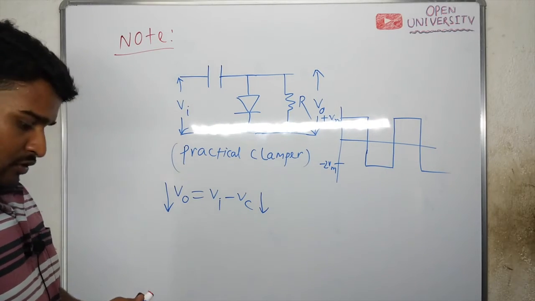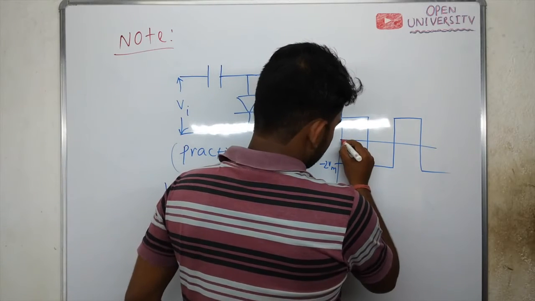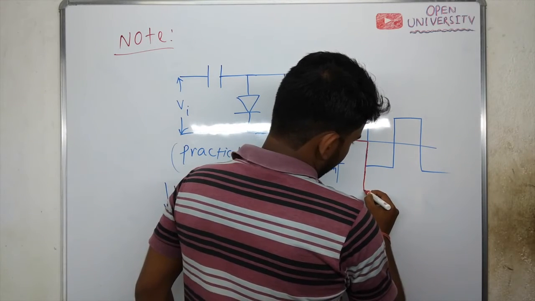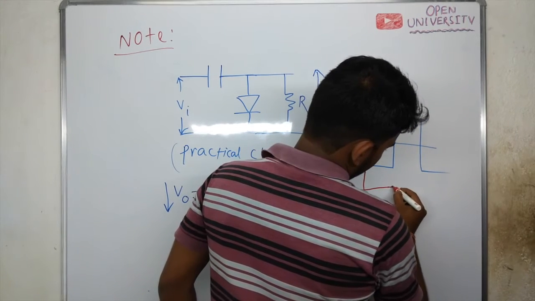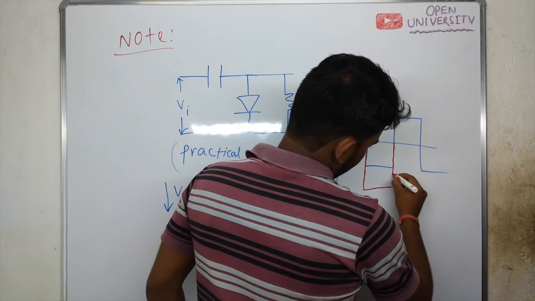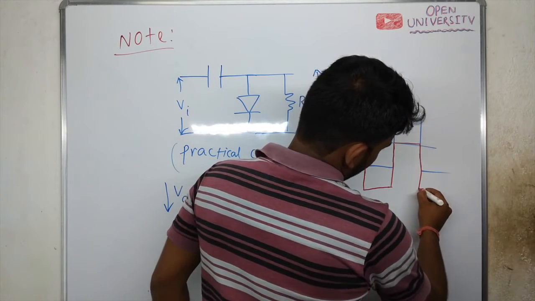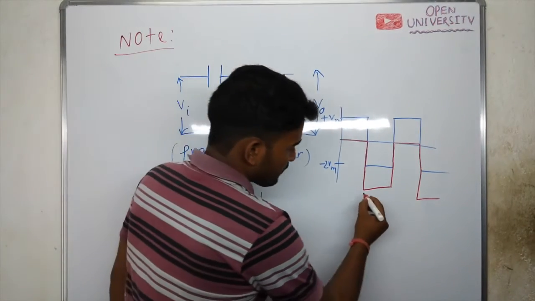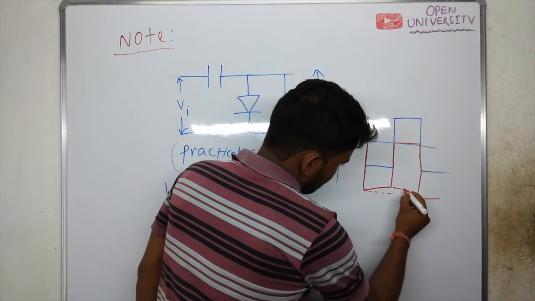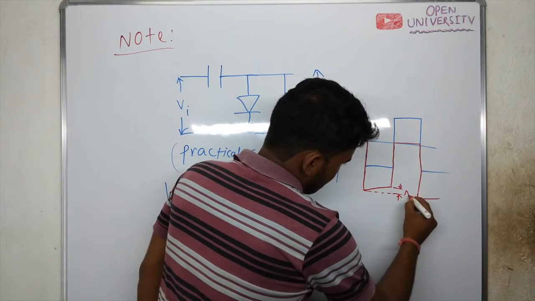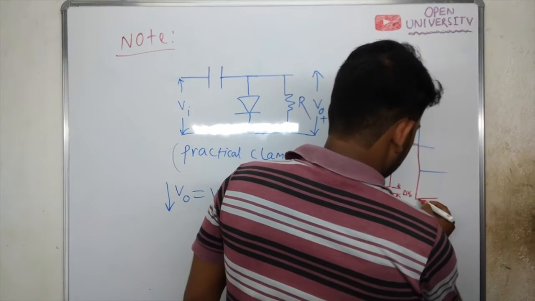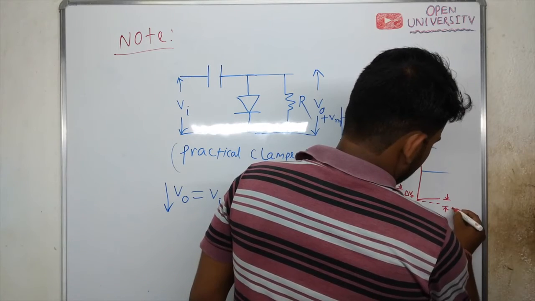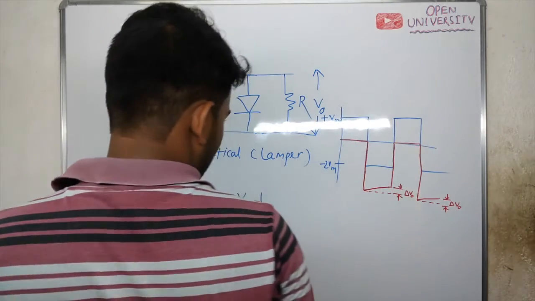Then the output waveform will be something like this. This red color is your output waveform for this circuit.